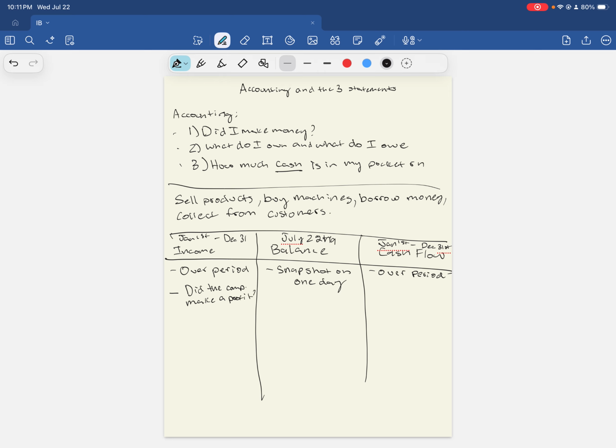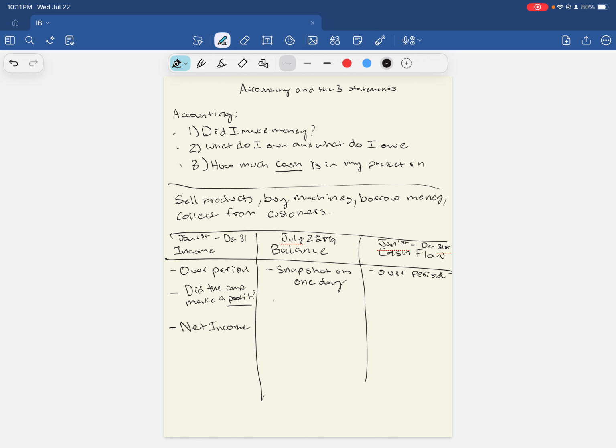You start with your sales, we'll talk about how that process works, and you subtract every single cost that you need to pay off, and then you end up at your net income. So at the end of your income statement, you're going to end off with the net income.